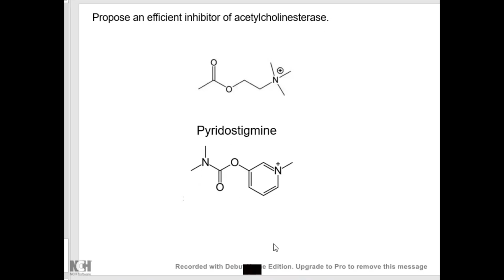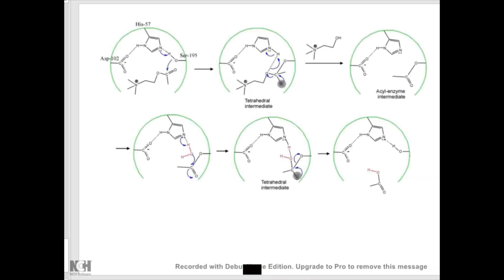Now, in order to answer this question, you could draw an analog of acetylcholine, like this one, or the transition state analog, which is a tetrahedral intermediate that presumably will bind tightly to the active site.